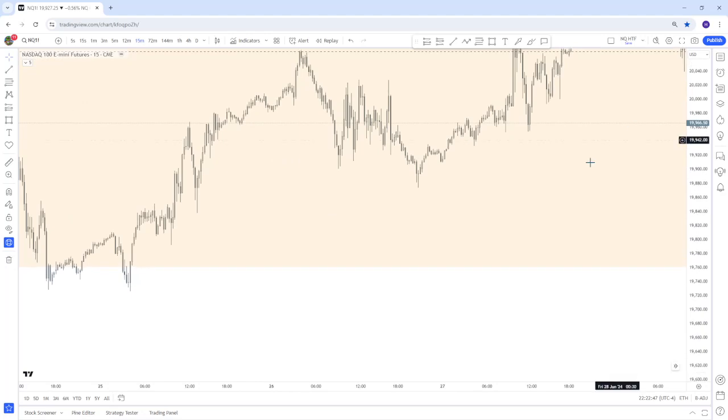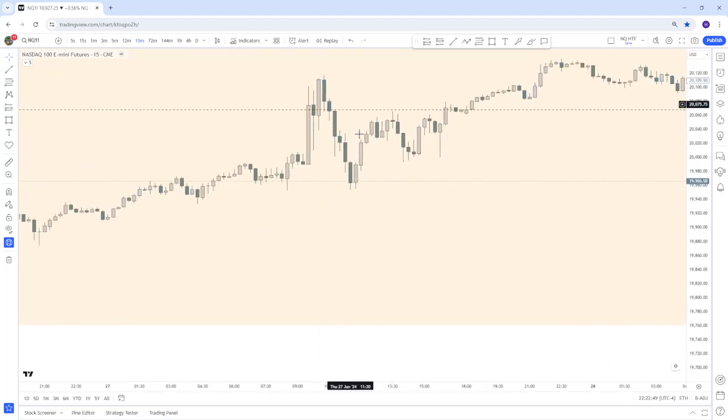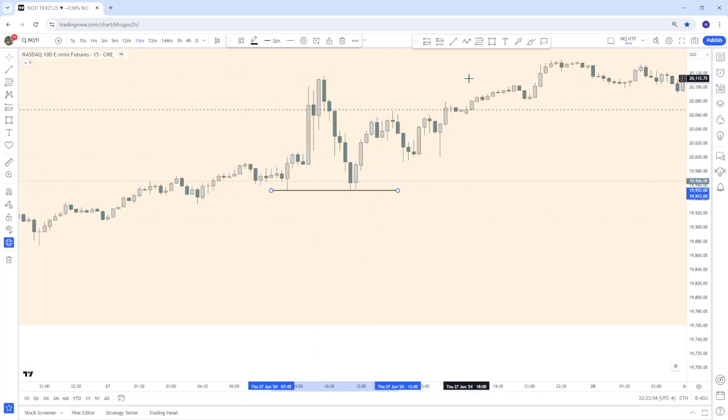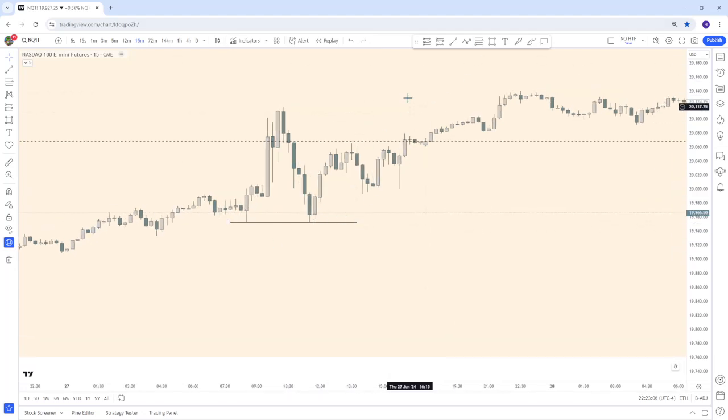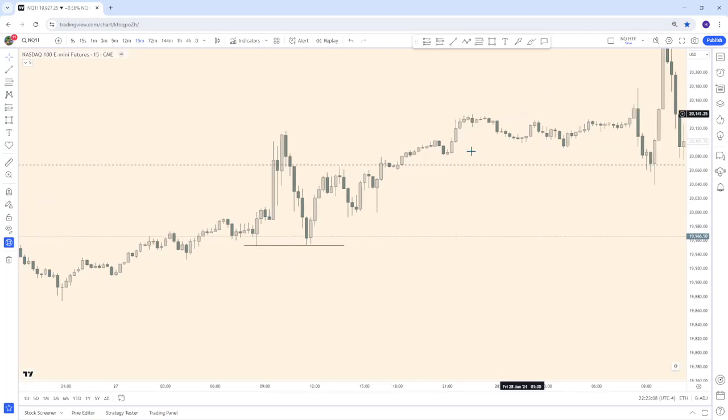Right here we have what looks like a breaking structure, but keep in mind this is not a swing point. This is the protected low, because you have a valid high, valid low. Price came up and came down and tapped it, but didn't break structure here. Because it didn't break structure, we're thinking that it's going to continue higher, and it certainly did.